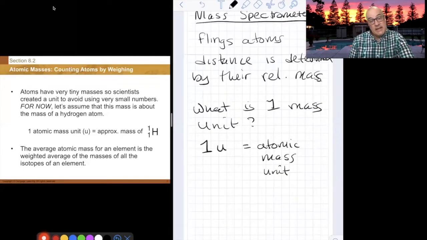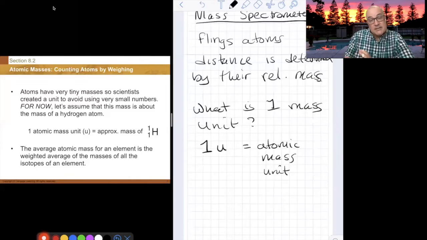Now, it makes sense that we kind of know that the atom with the smallest mass is hydrogen 1. Hydrogen 1 has 1 proton and 1 electron. And we also know from an earlier discussion that the mass of the proton is about the same as the mass of a neutron, which is much more than the mass of an electron. So most of the mass of atoms comes from the protons and the neutrons in the nucleus, right?